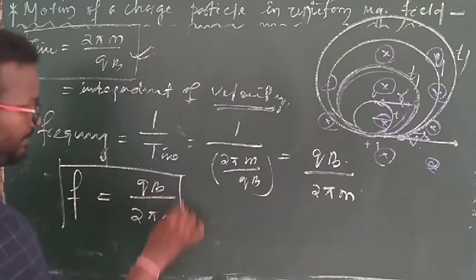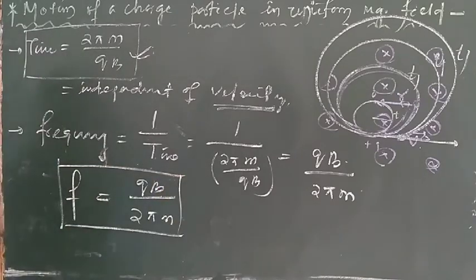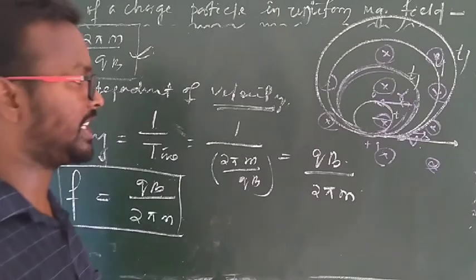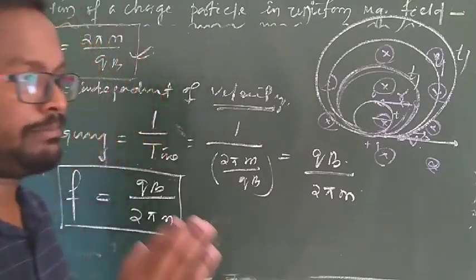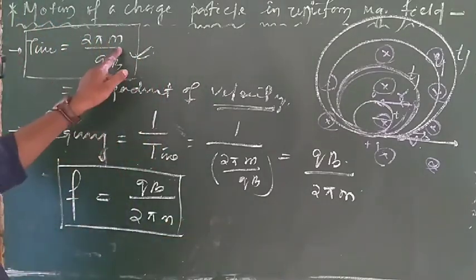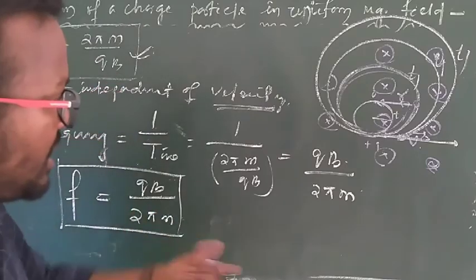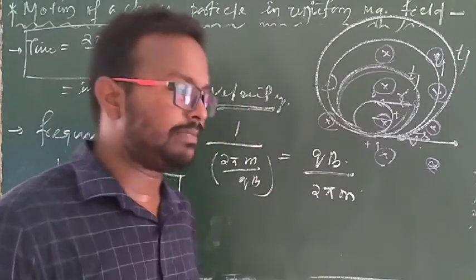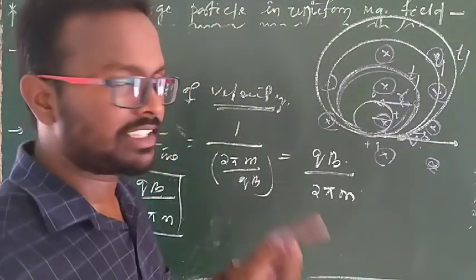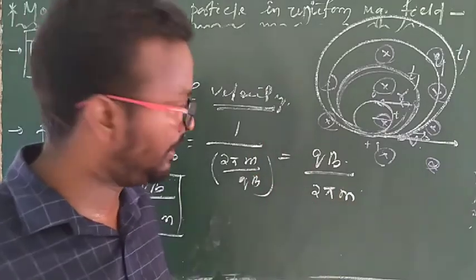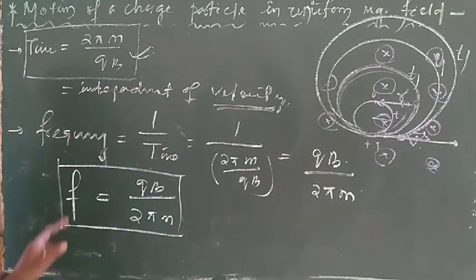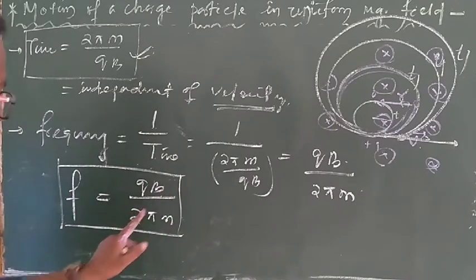So if a charged particle moves perpendicular to the direction of the magnetic field, then the time period of the charged particle equals 2 pi m by q b, the radius made by the charged particle inside the magnetic field is m v by q b, and the frequency is f equals q b by 2 pi m.